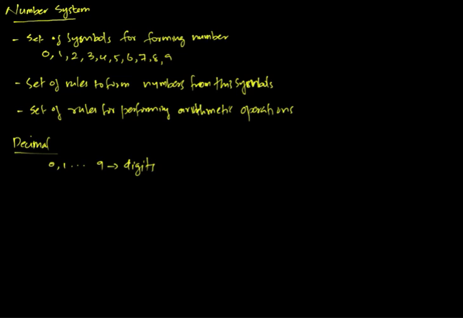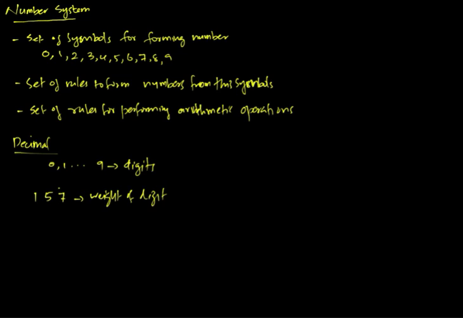Now if you represent a number, let's say 157, in the decimal number system, then the position of each digit is important, because the weight of each digit is determined by its position in the number.